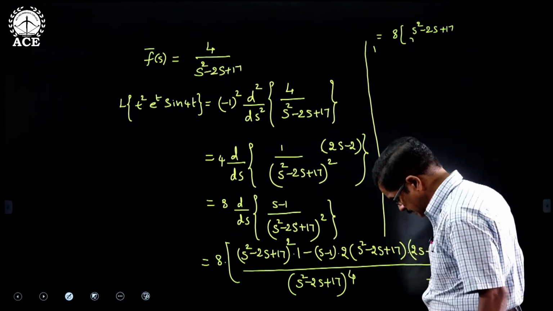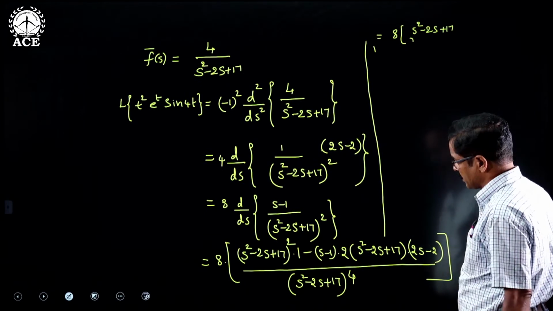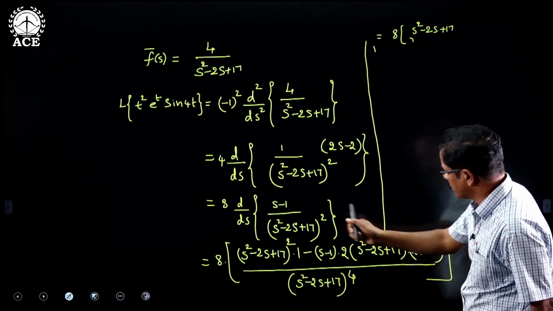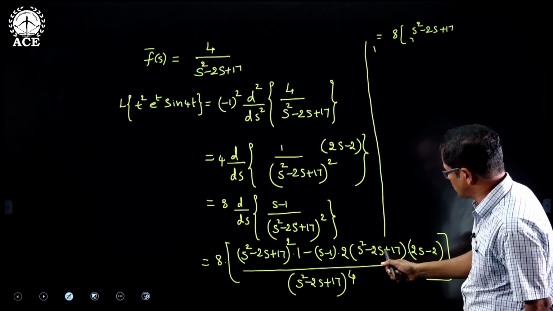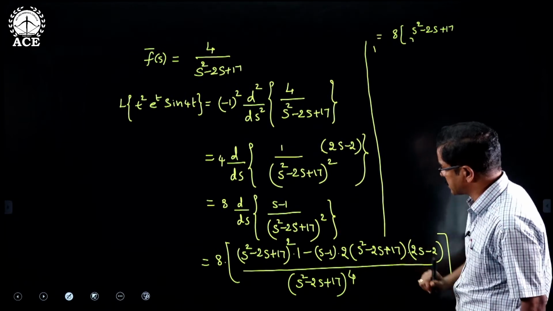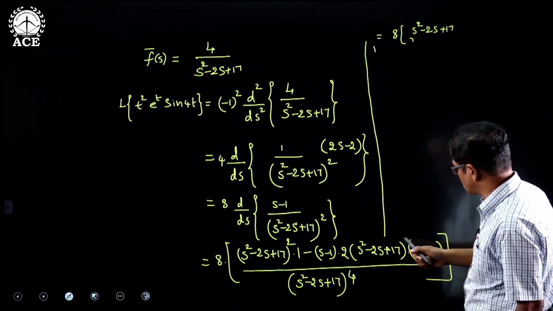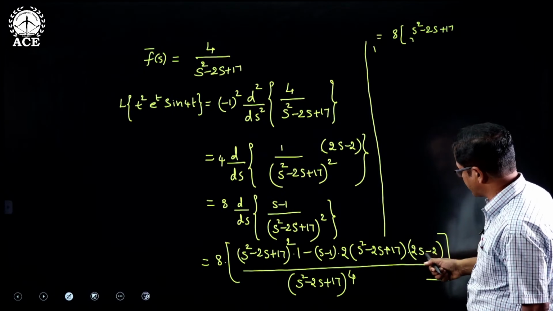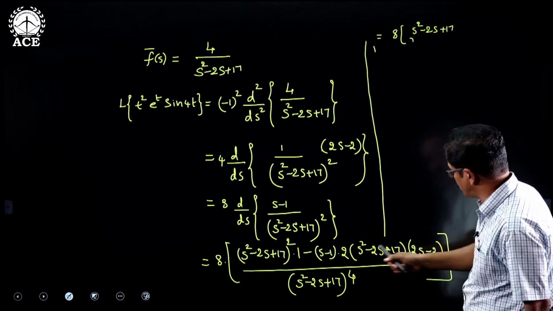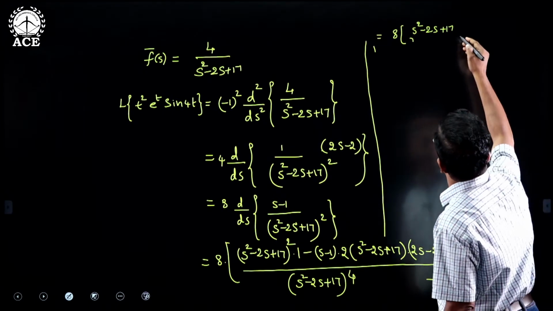Next, s square minus 2s plus 17 went outside and got cancelled, so s minus 1 into 2s minus 2. If I take 2 common, s minus 1 into s minus 1 is s minus 1 whole square.